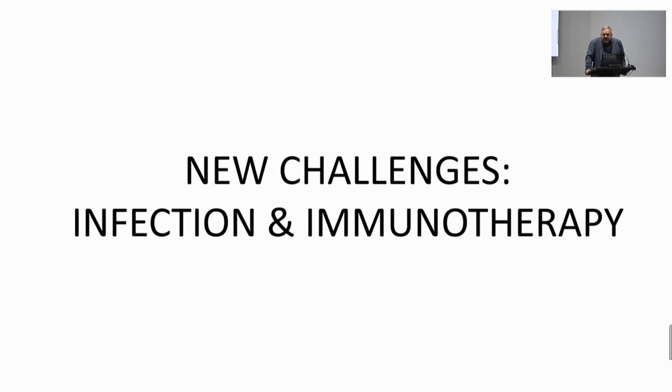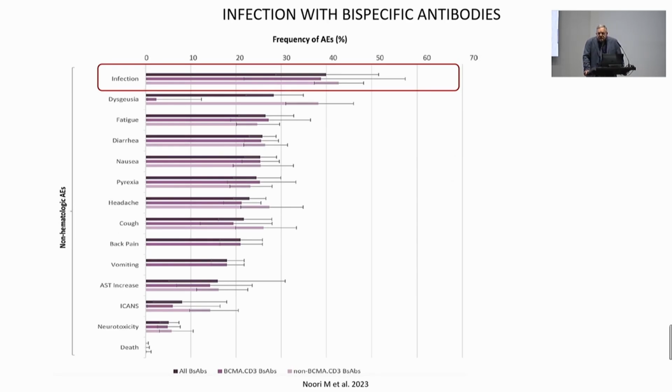We have new challenges ahead. Infection probably is the most important of them. With the use of bispecific antibodies, teclistamab, talquetamab, elranatamab, linvoseltamab, etc., we are witnessing an increase in the risk of infection, which is the main cause of morbidity and mortality in multiple myeloma, particularly grade 3 or 4 infection.